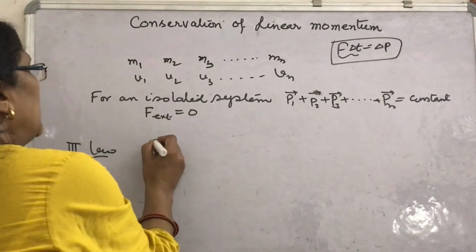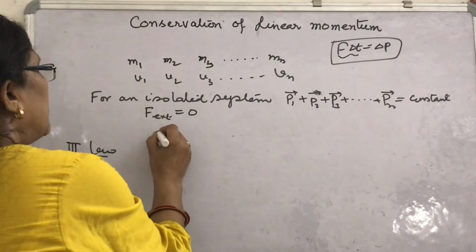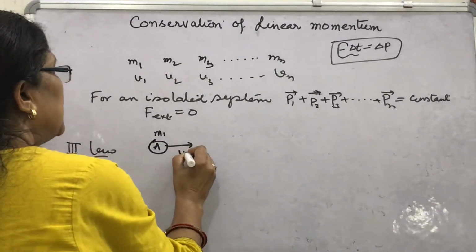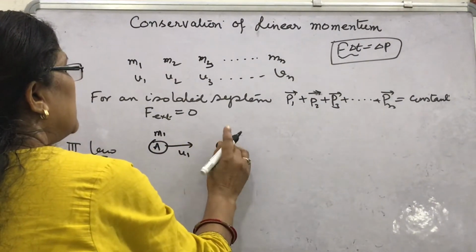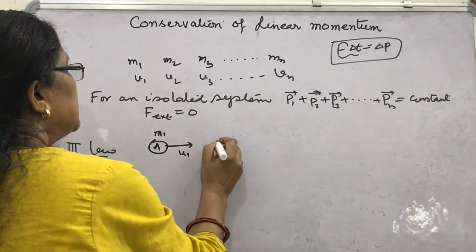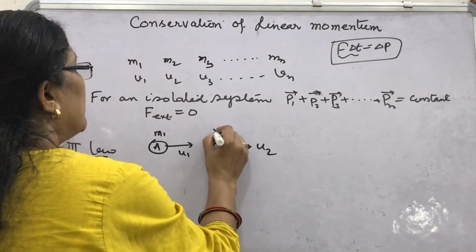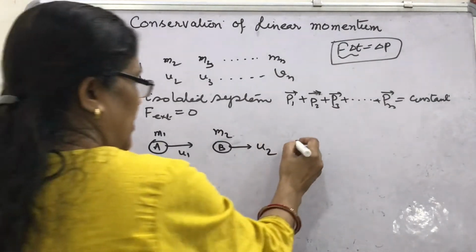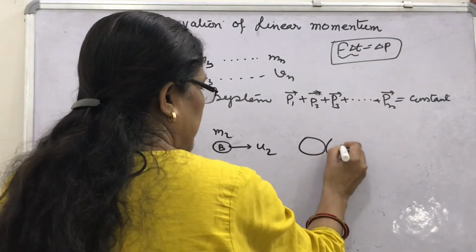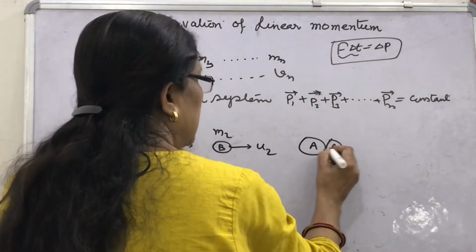Now, how to derive conservation of linear momentum using the third law. You know, if you take a ball A of mass m1 moving with velocity u1 and it collides with a ball B of mass m2 moving with velocity u2 in the same line. During collision, what happens? They interact with each other.